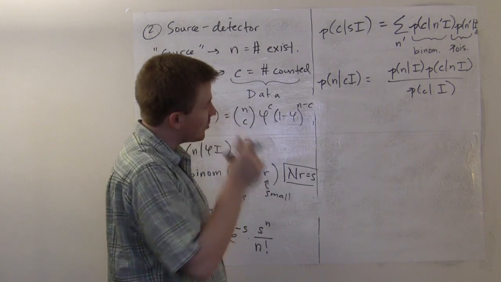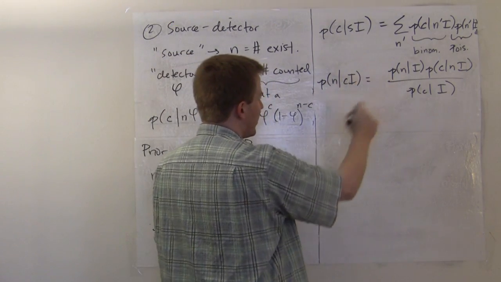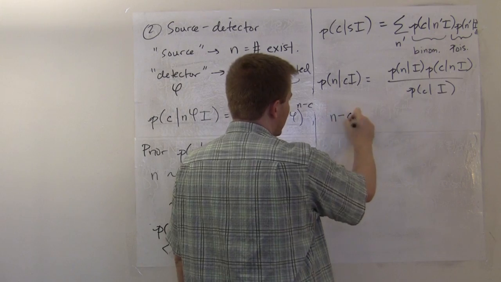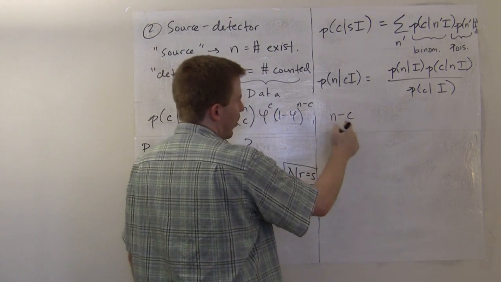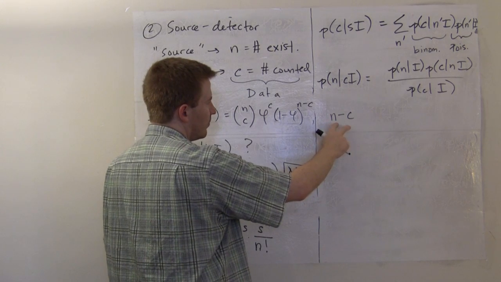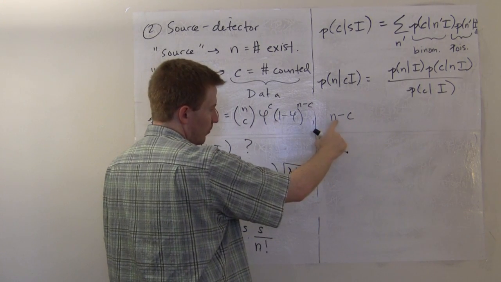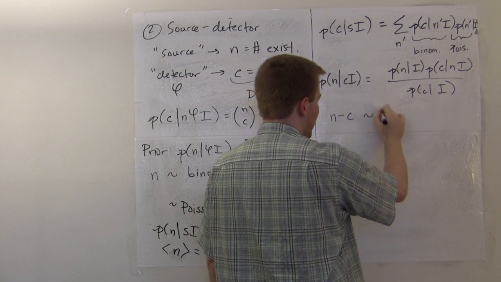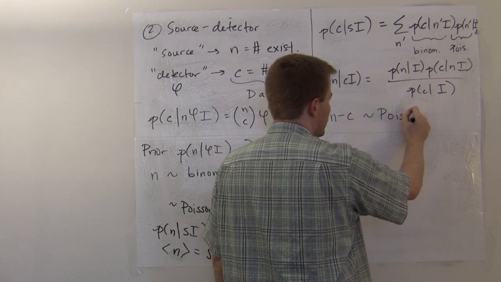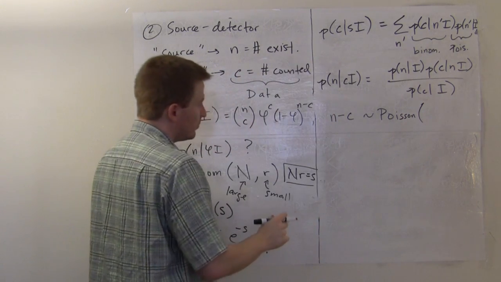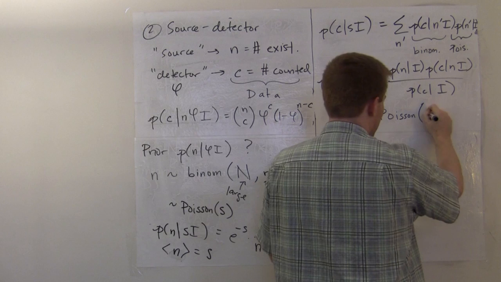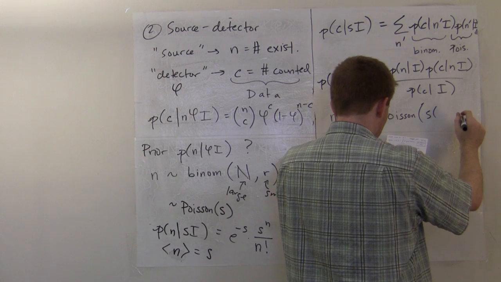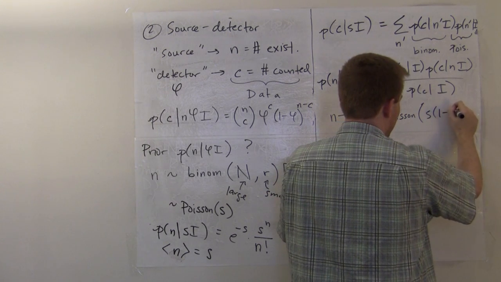What actually comes out of this, which is quite interesting, is that once you do all of this, you find that the number left uncounted, the number of uncounted particles or objects of whatever type, which is the number that exists minus the number that you counted, works out to have a Poisson distribution with a parameter which is the source strength times 1 minus the counter efficiency.